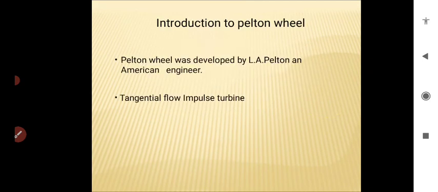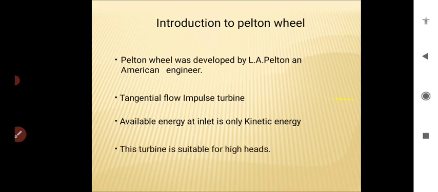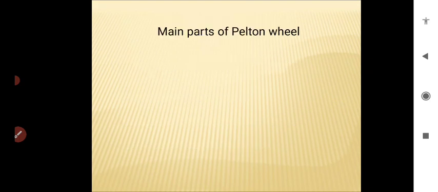This Pelton wheel was developed by L. A. Pelton, an American engineer. This is a tangential flow turbine. Here, all the available energy at the inlet of water is only kinetic energy. This turbine is suitable for high heads and low specific speed.